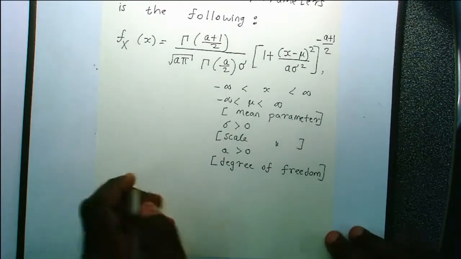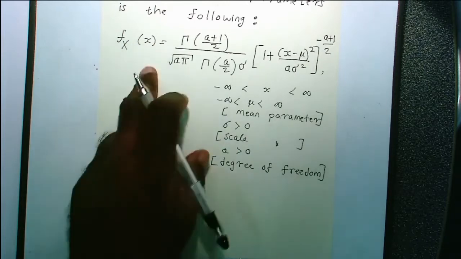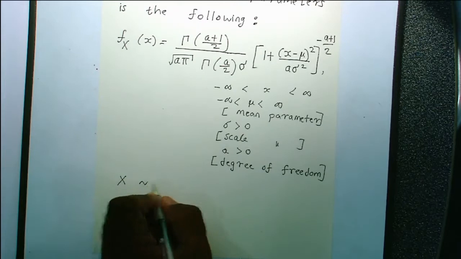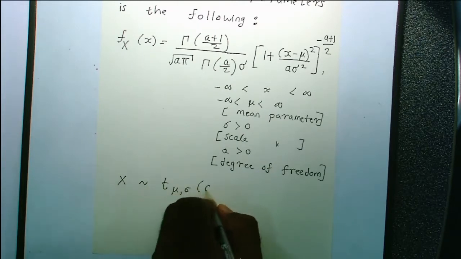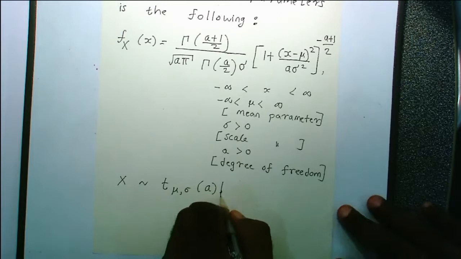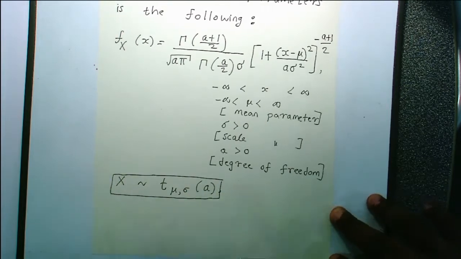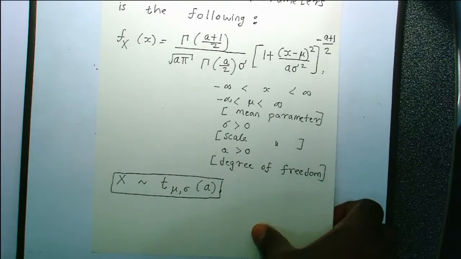And I shall use the following notation: if a random variable x has this density, then I shall use this notation. This is the notation meaning that a variable x has this PDF, right? Okay? Right, next one.